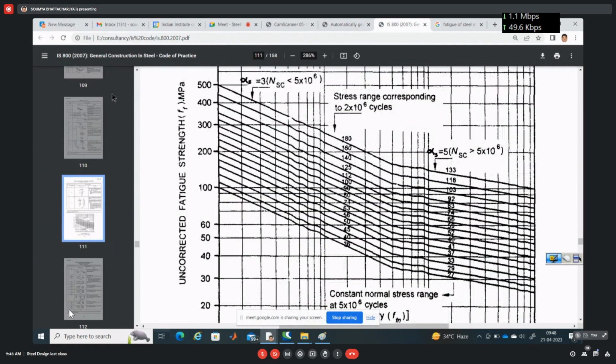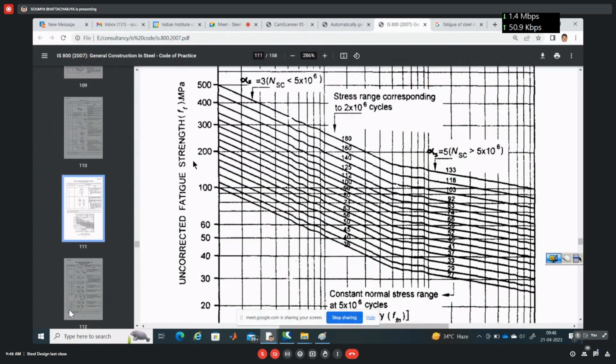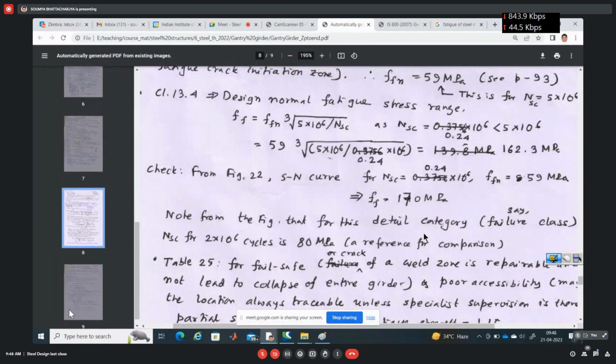So knowing the N, knowing the detail category, we calculate from the y-axis what is the fatigue strength Fa. So that we have done here. For the NSC, we have already calculated detail category 59. We got that the maximum strength in fatigue is 170 MPa.